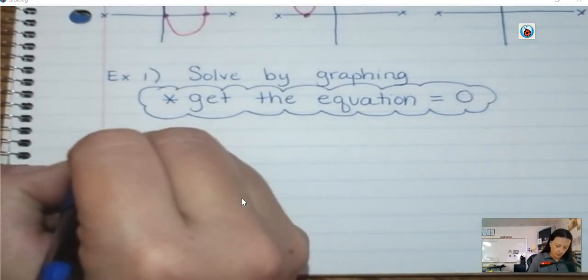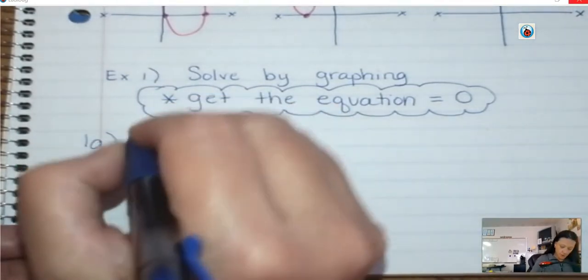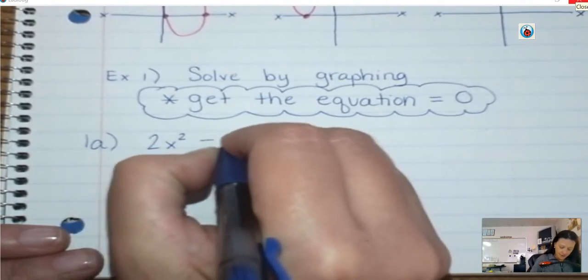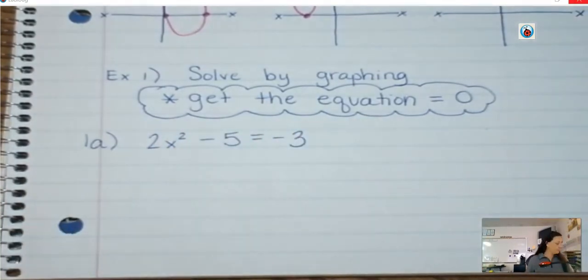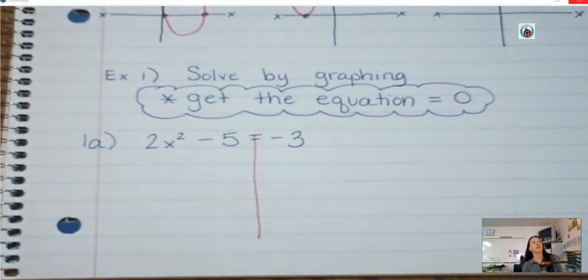So here's example 1a. The equation is 2x squared minus 5 equals negative 3. 2x squared minus 5 equals negative 3. I need it to say equals 0. So first I need to get the equation set to 0.